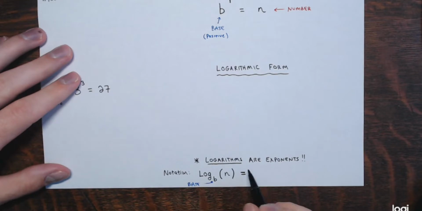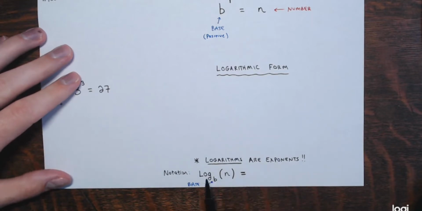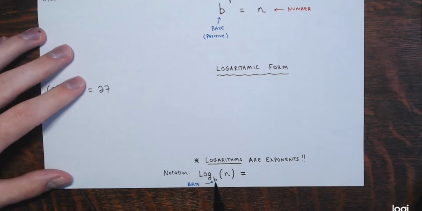As I said here, logarithms are exponents. So the log base b of n is the exponent, the power, the exponent you would have to raise b to get n.